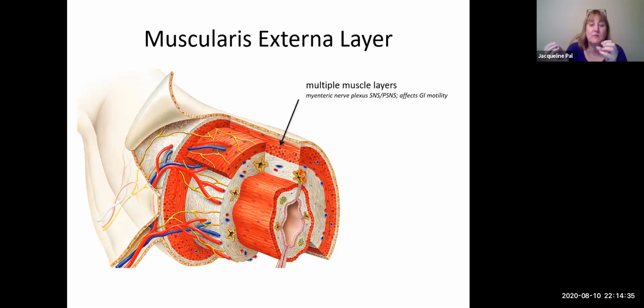So this affects the motility, the contraction going on in the digestive system. Since this nerve plexus is not in the submucosa, we're not going to call it the submucosal nerve plexus. We're going to call it the myenteric plexus. If you remember, the prefix myo means muscle, and enteric just means intestines, so it's between the two muscle layers in your intestines.